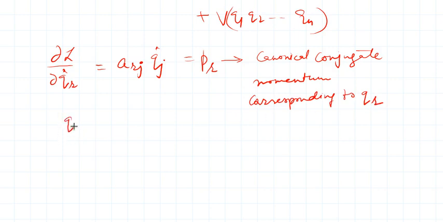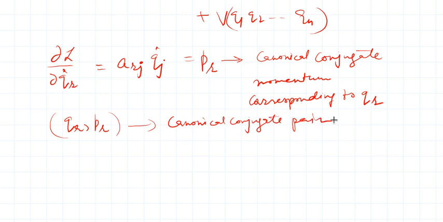That means Qr comma Pr form the canonical conjugate pair, right?